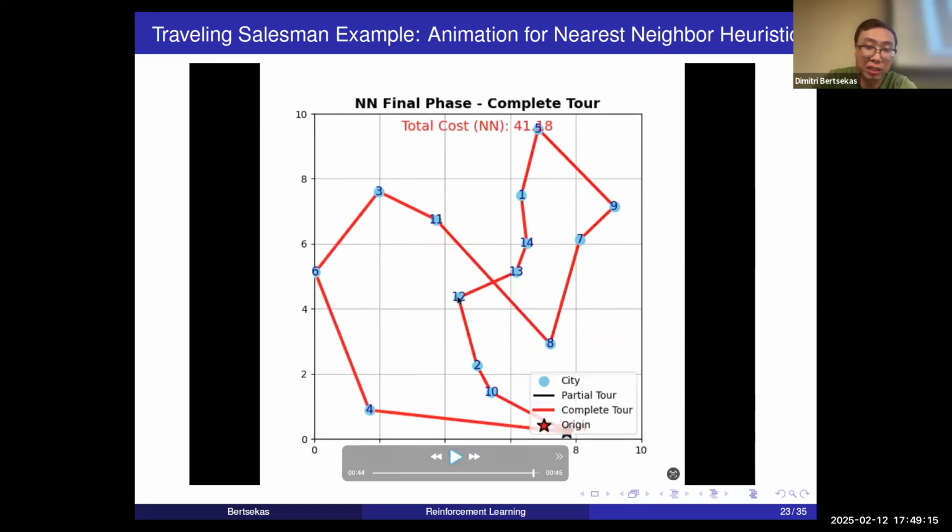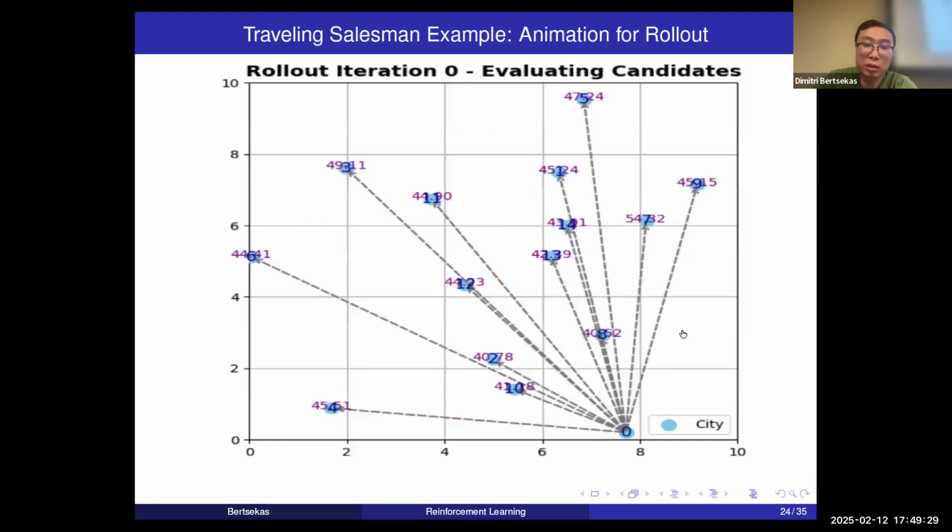For example, starting here, it's blindsided by this nearest neighbor and didn't recognize it may be better to steer in this direction. Okay, so this is the nearest neighbor heuristic.